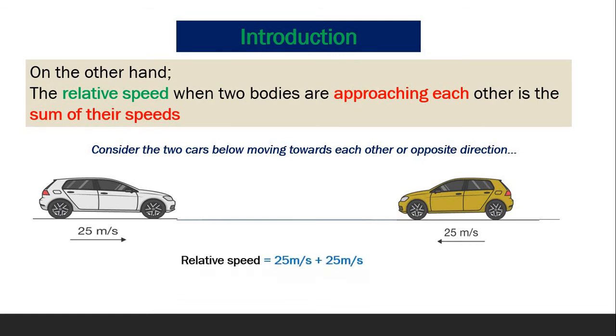So to get their relative speed, we add the two speeds. That gives us 50 meters per second. So when the bodies are approaching each other, we add their speeds to get the relative speed. And when they are moving in the same direction, we subtract the speeds to give us their relative speed.